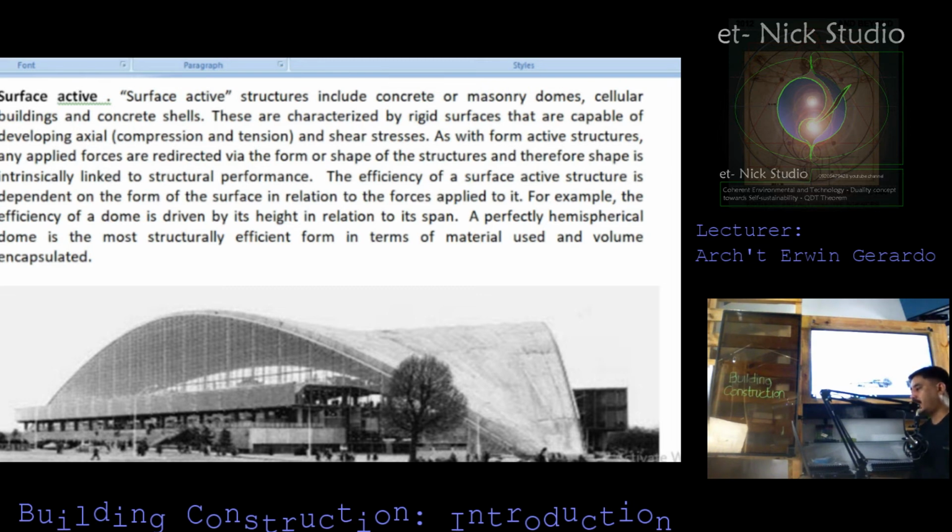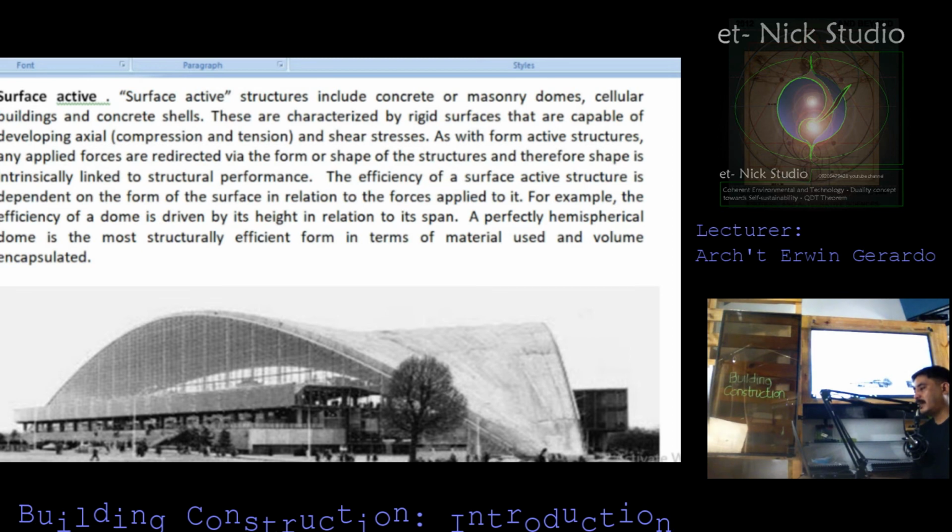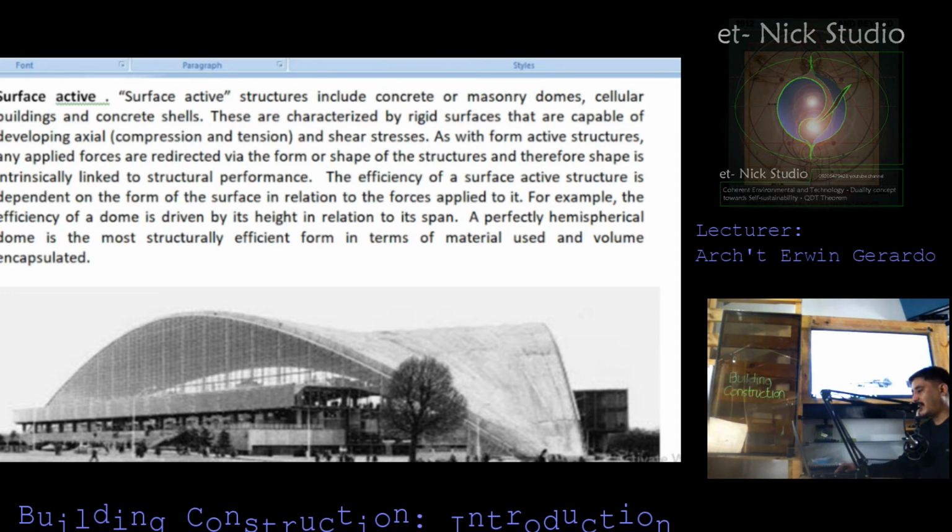The efficiency of a surface active structure is dependent on the form of the surface in relation to the forces applied to it. For example, the efficiency of a dome is driven by its height in relation to its span. A perfectly hemispherical dome is the most structurally efficient form in terms of material used and volume encapsulated.